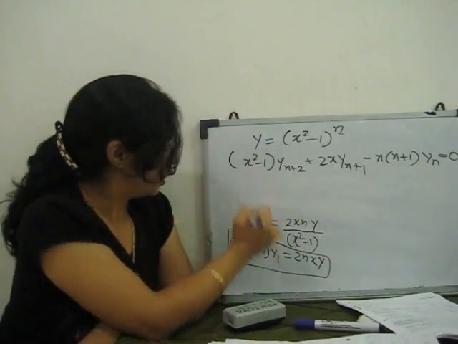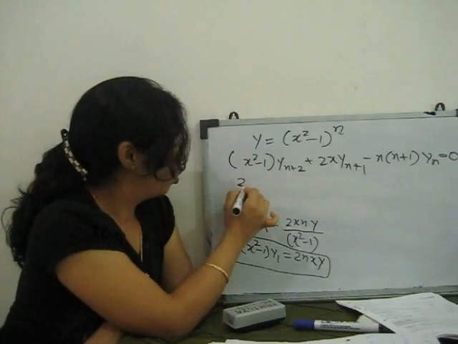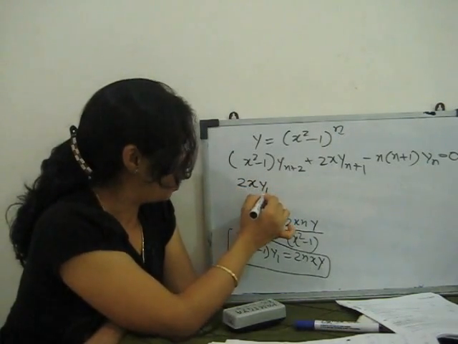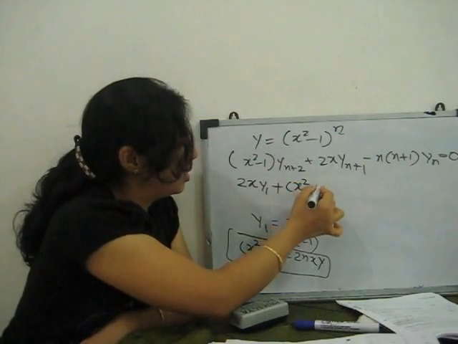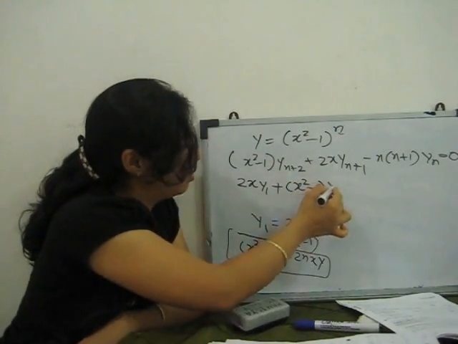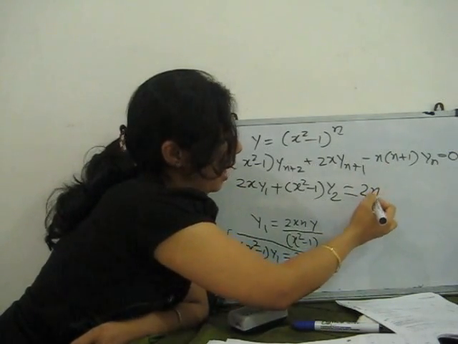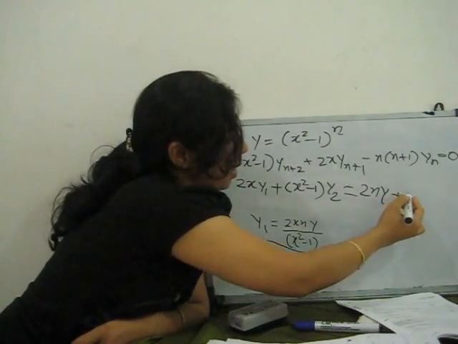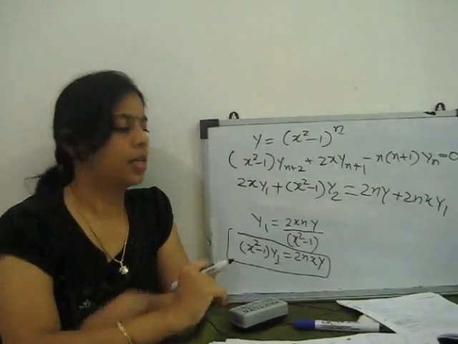So (x square minus 1) gives 2x y1 plus (x square minus 1) as it is, derivative of y1 is y2. The right hand side gives 2n times 1 y plus 2n x y1.